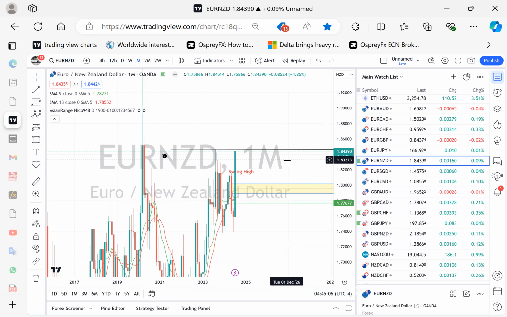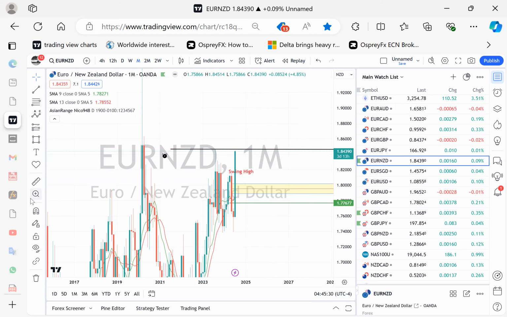So I explained to you why I prefer to use the monthly for this analysis versus the weekly or the 2-week. It's because we're at the end of the month, and I'm looking for this move to happen this month.